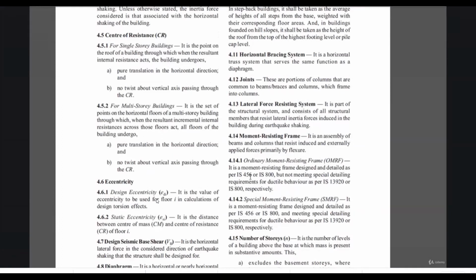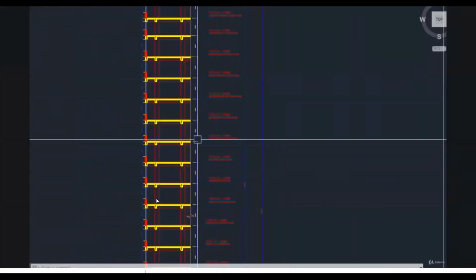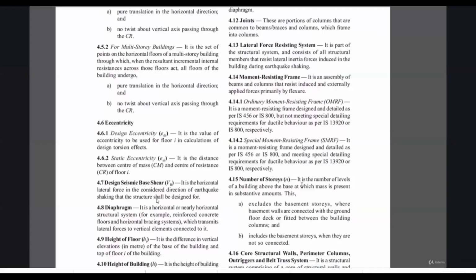IS 456 is the Indian standard for concrete design, IS 800 is for steel design, and these do not meet the special detailing requirements of IS 13920 or IS 800 respectively. But for the special moment resisting frame, as we are providing SMRF in our building, it has to be compliant with IS 13920.